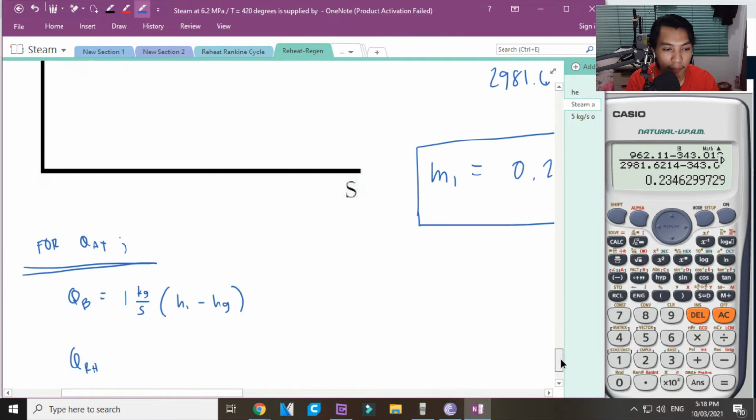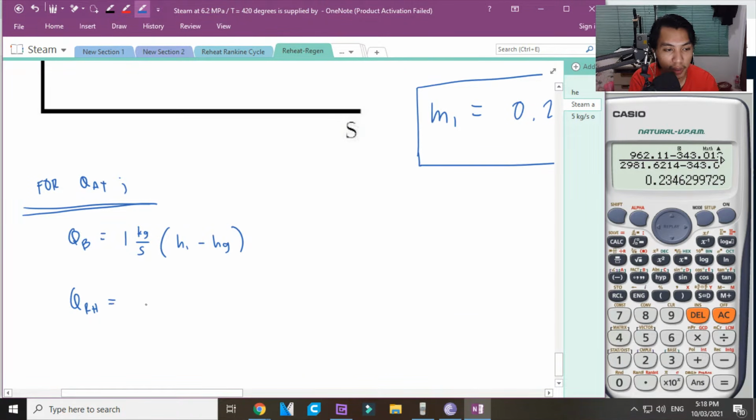Okay? That is 1 minus M1 multiplied to H4 minus H3. Ngayon, sa total, magkakatalo. Pag pinagsama mo, that is QA total. Where QA is equal to QB plus Q ng RH.